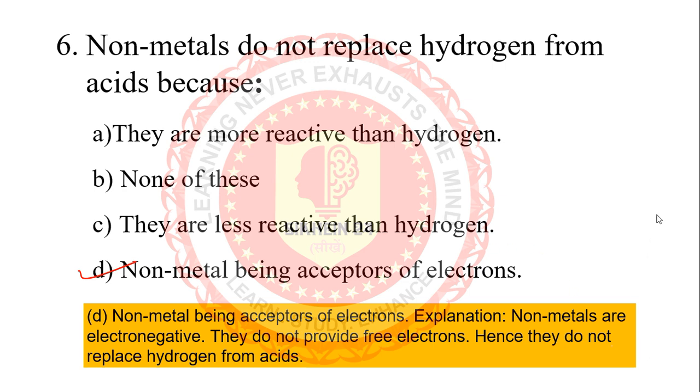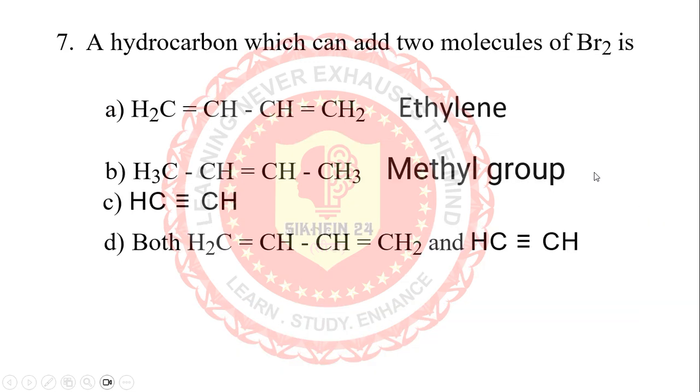Next question on your screen: a hydrocarbon which can add two molecules of bromine is what? A. Ethylene, B. Methyl group, C. Propyne, and D. Both ethylene and methyl group. Here you can see both H2C=CH2, ethylene, and HC≡CH.